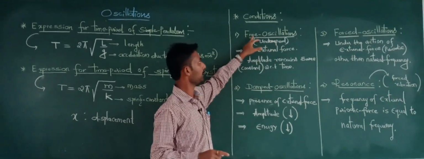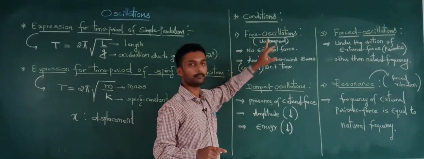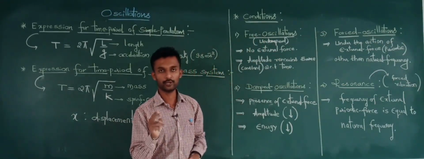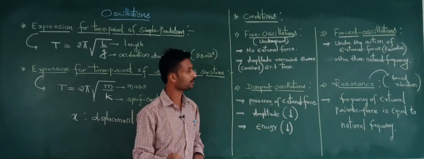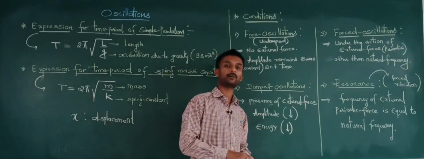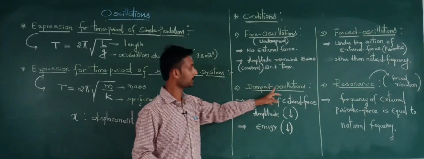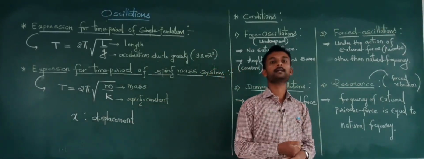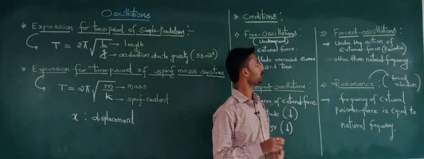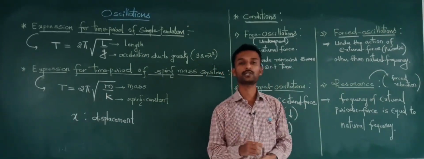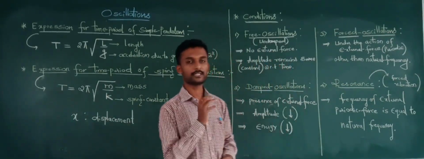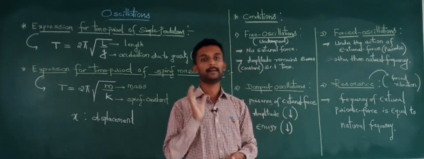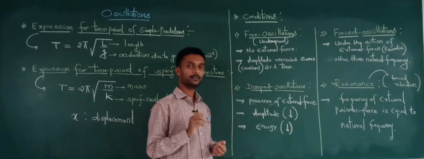There are two names for this: free oscillations or undamped oscillations, same thing. Second condition is damped oscillations. Third condition is forced oscillations, and fourth condition is resonance. So these are the four important conditions. Please keep all these in your mind, which will be very helpful.